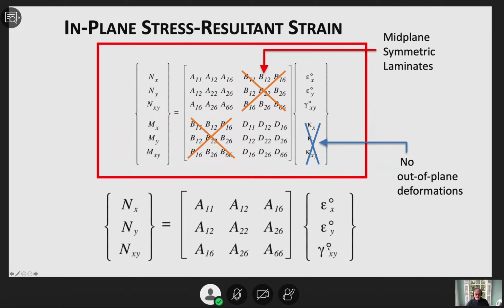Now, if the laminate is also, besides being mid-plane symmetric, balanced, meaning that for every plus angle orientation there's a minus angle orientation of the same orientation angle, then the A16 and A26 terms will also go to 0, but we don't have to. We can leave them as they are for the time being. Okay?